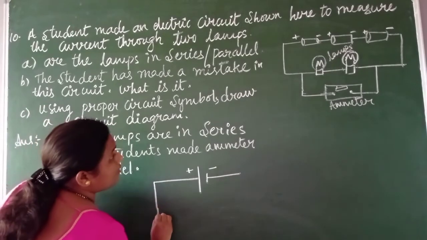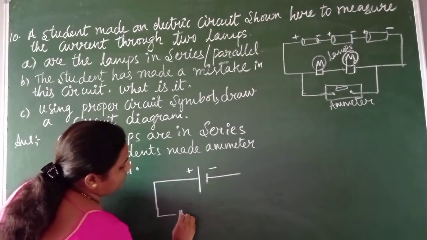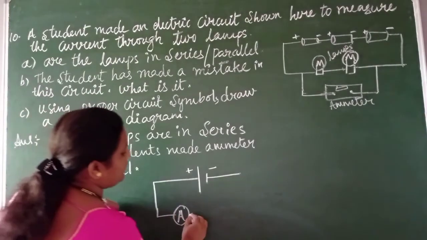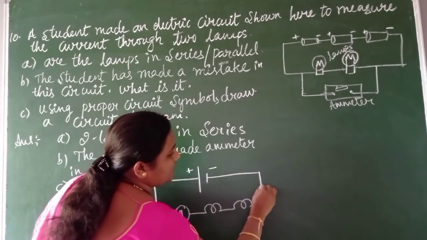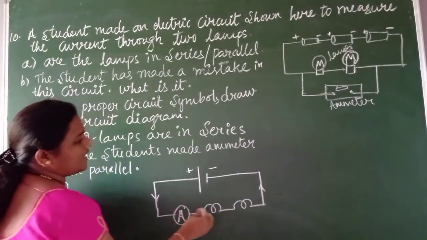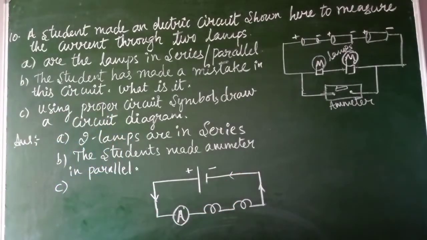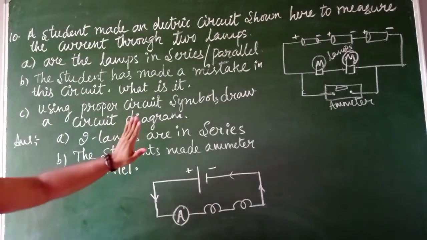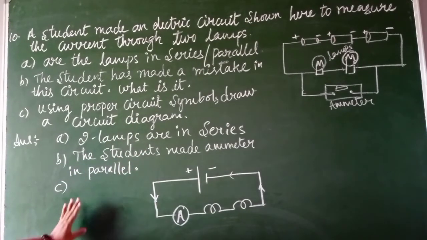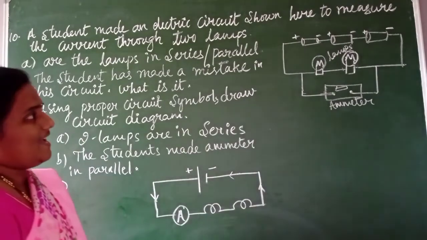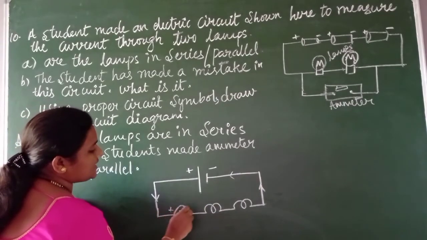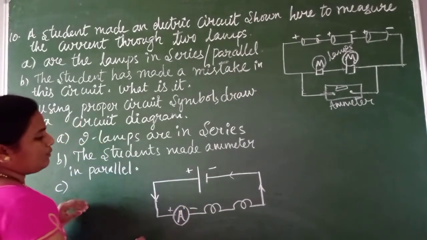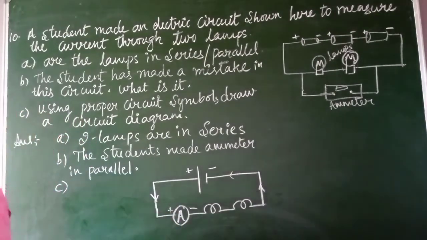To the battery, first an ammeter, then the electric bulbs. And the current starts flowing in this direction. This is the correct method of drawing the circuit diagram here. Understand, children? It's very easy. Here we have used the ammeter's symbol, with plus and negative. Got it, children?